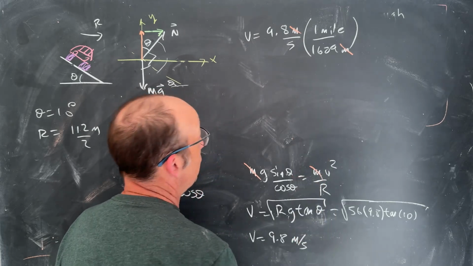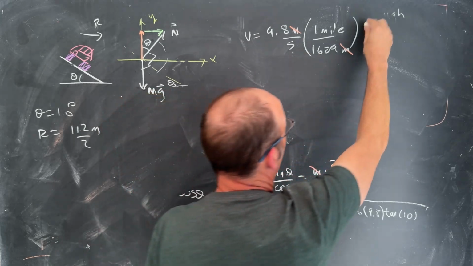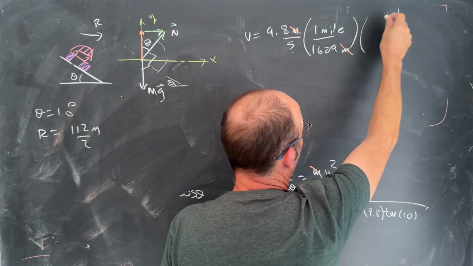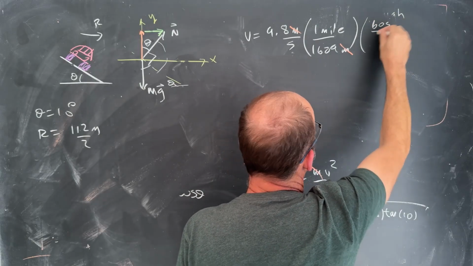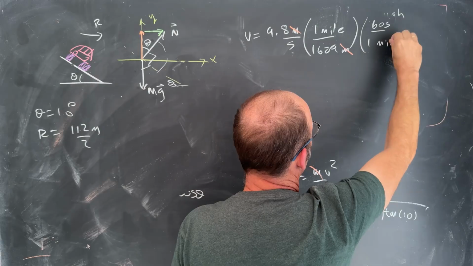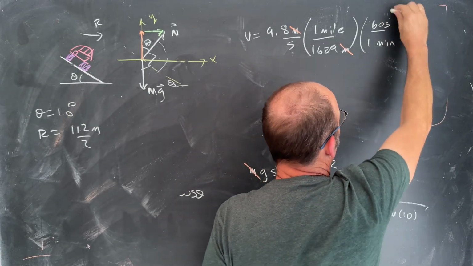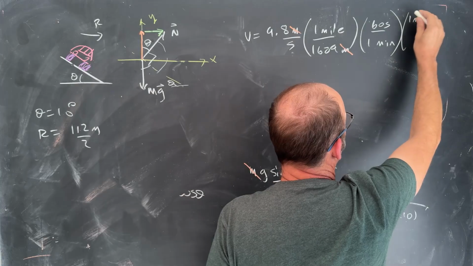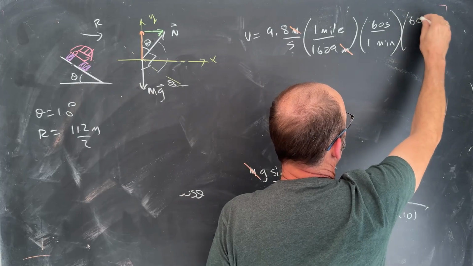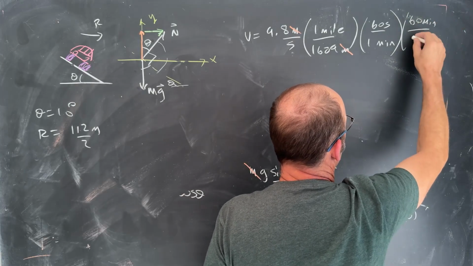Those cancel. Now I need to convert seconds to hours. So I know that, let's say, 60 seconds is 1 minute. And then I know that 60 minutes is 1 hour.